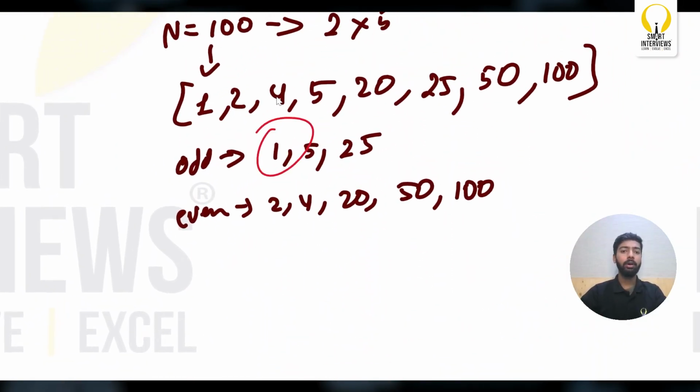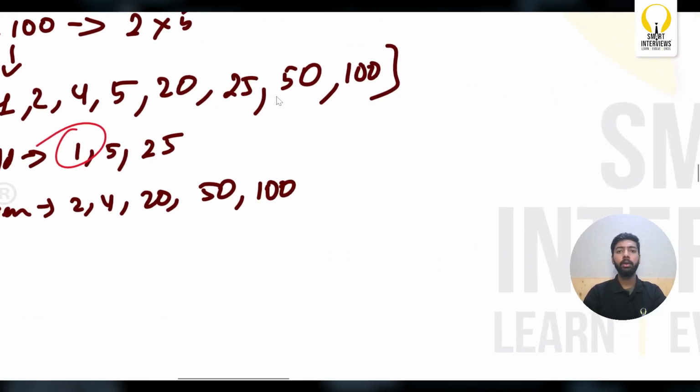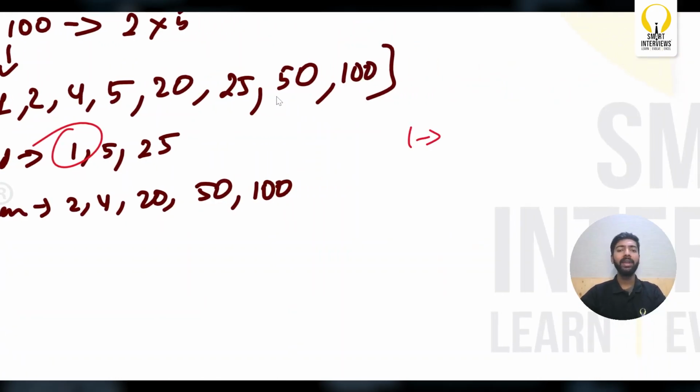Now let's take the first odd divisor, which is 1. Now for 1, how many even divisors can it generate? Let's see. So 1 into 2 power 0, which is 1. So let's start again from 1 into 2 power 1, which is 2, which is an even divisor. Then 1 into 2 power 2, which is 4, which is an even divisor.